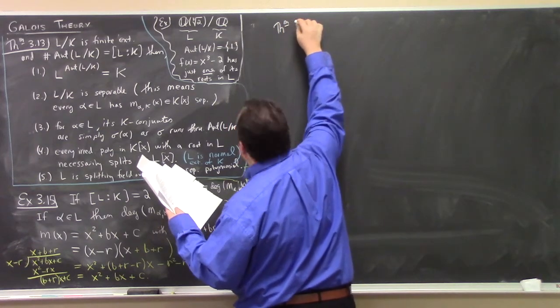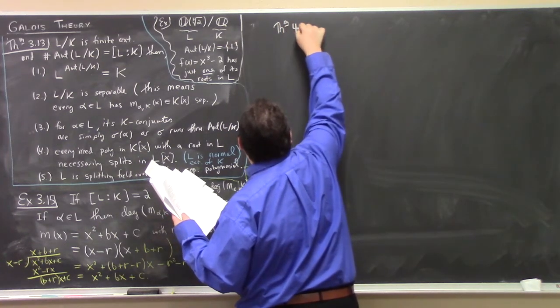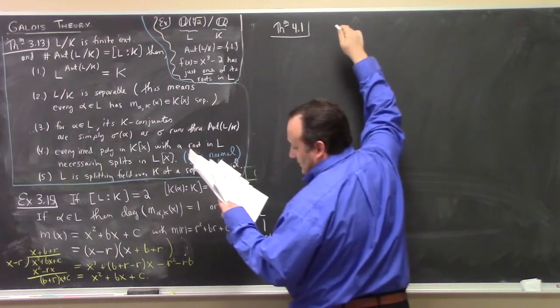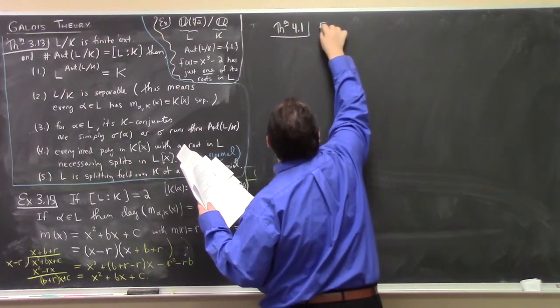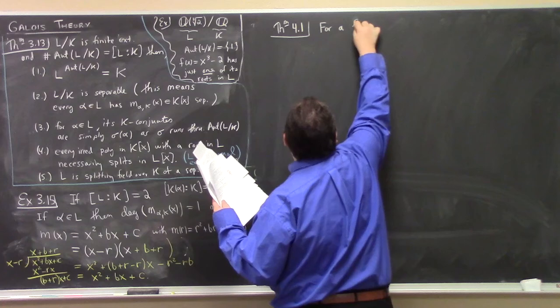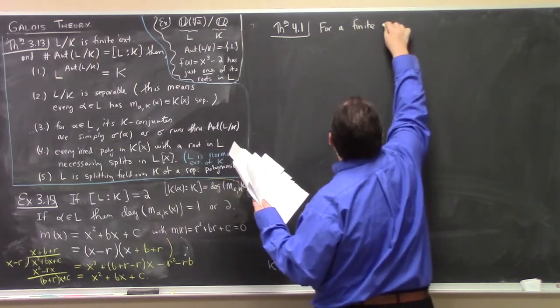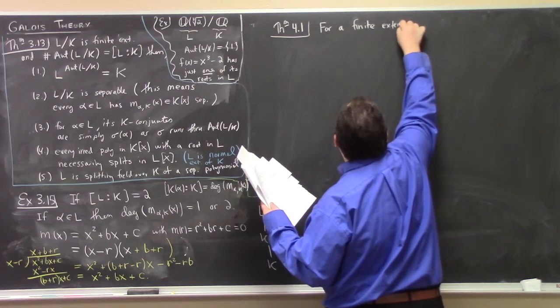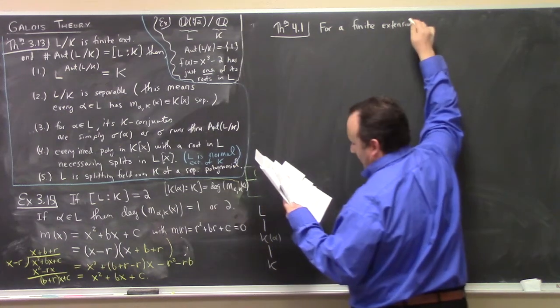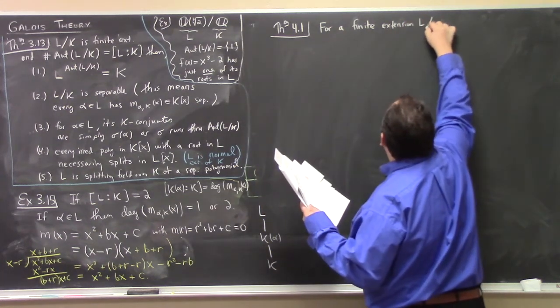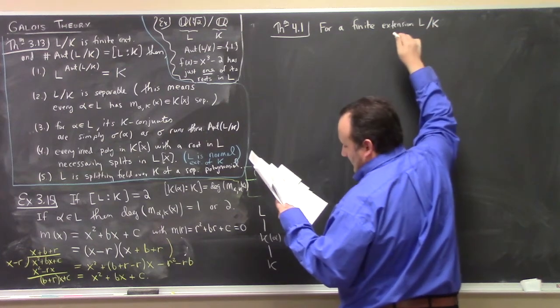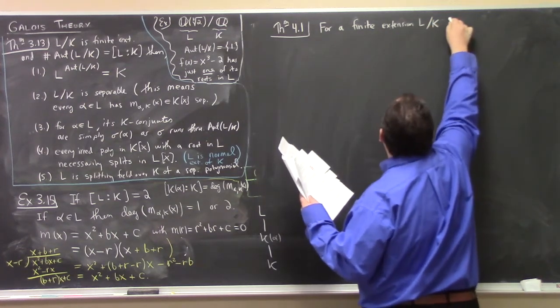It would take even more time if I actually proved all of them. Sorry, I'm not doing that. But here it is. For a finite extension L over K, the following are equivalent.